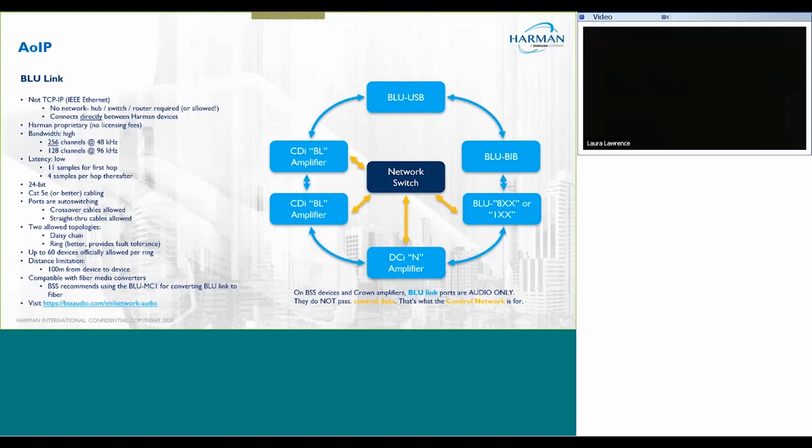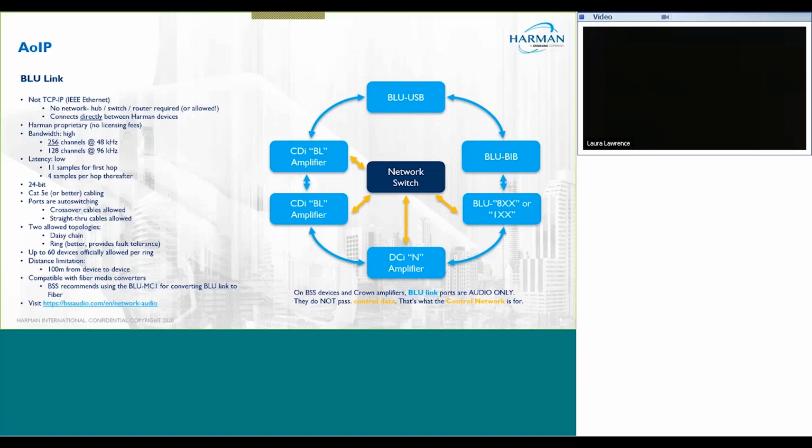The other, and probably one of the big benefits that I see with BLU Link is reliability. I'm going to reiterate this pretty strongly, but BLU Link is by far the most reliable of all the platforms we're going to discuss today. Of all these protocols, BLU Link is without a question the most reliable because we are not depending upon any network equipment. There's no switch to get misconfigured.